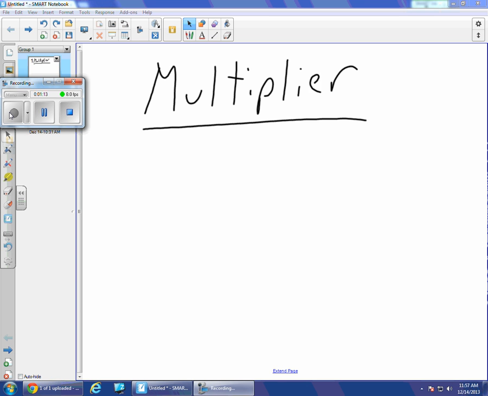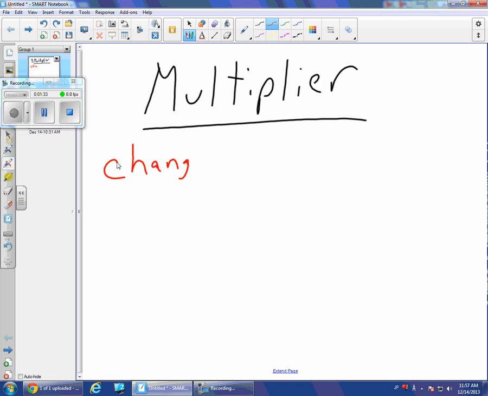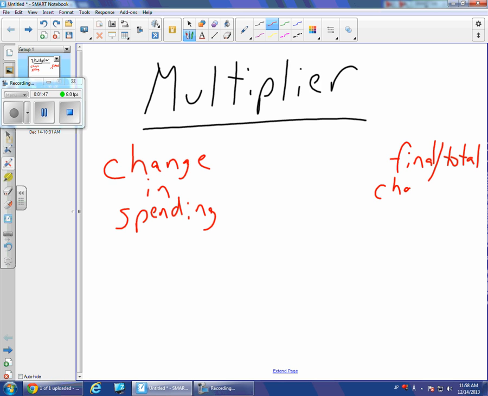What we want to know is what was the total value of all the purchases made based on my original decision to spend the $100. We could calculate it longhand or instead take a shortcut using the multiplier. The multiplier allows us to calculate if we have a change in spending, what will the final or total change in spending be?